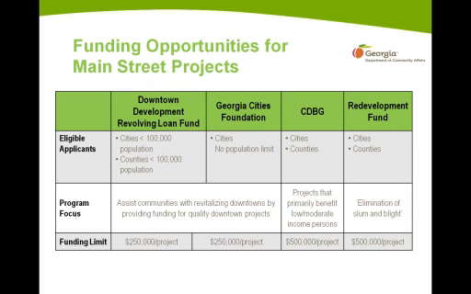They also assist cities and counties, but they do not have a population limit as far as eligible applicants. They too assist communities with their revitalization efforts by providing funding for quality downtown projects. Both of our programs have a $250,000 per project limit, not to exceed 40% of the total project costs.